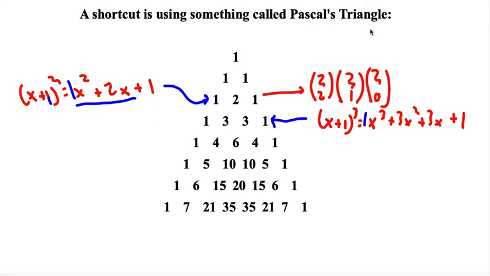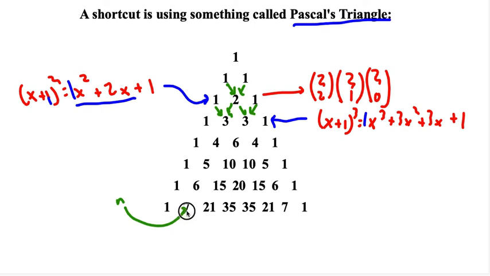Now, Pascal's triangle is pretty easy to set up, and I just want to talk quickly about a couple of patterns here. How do I know it's 1, 2, 1? Well, take a look. What is 1 plus 1? How do I know this is 1, 3, 3, 1? 1 plus 2. Now, if you look carefully, 1 entry, 2 entries, 3 entries, 4 entries, 5 entries, and so on. These second numbers correspond to the power.